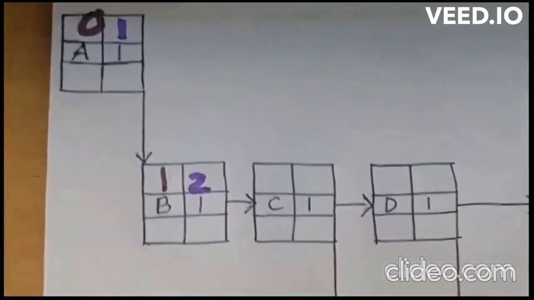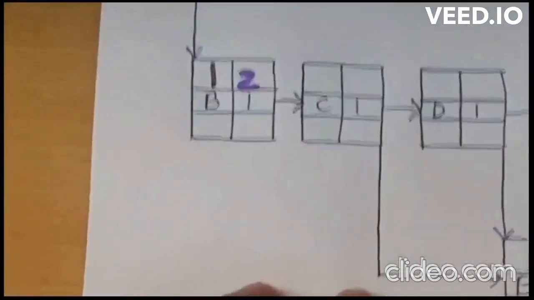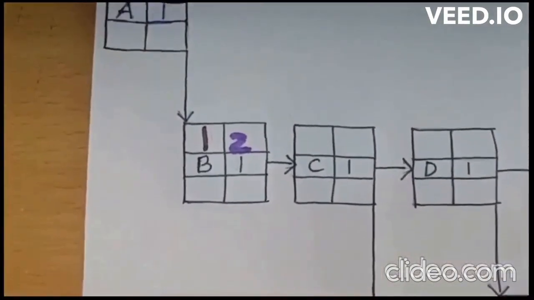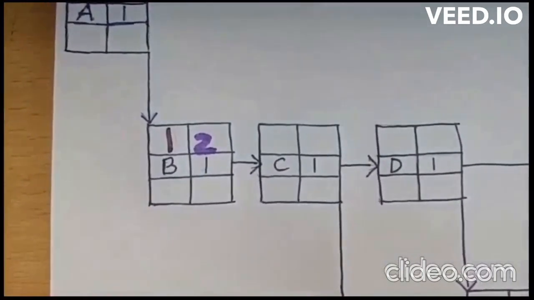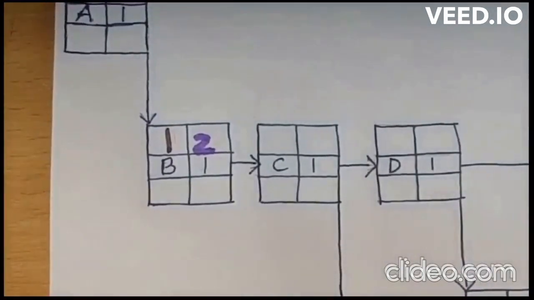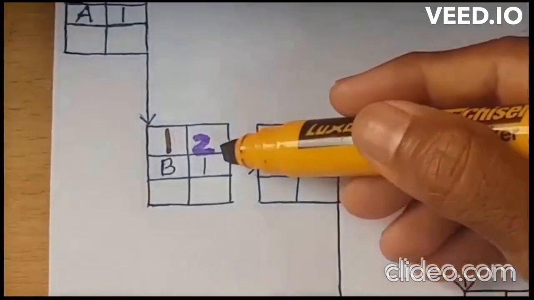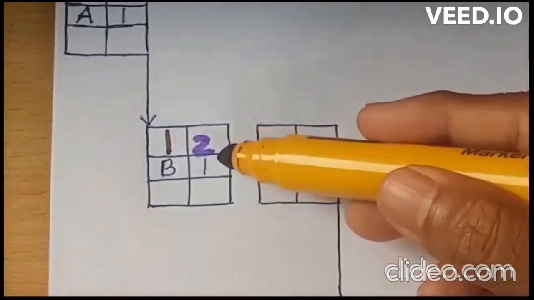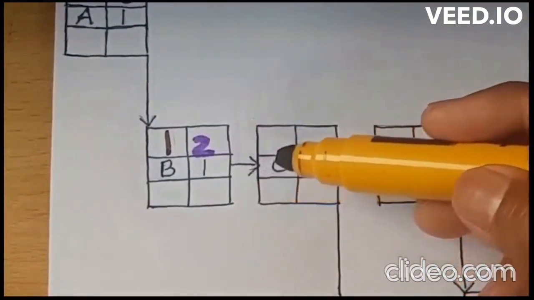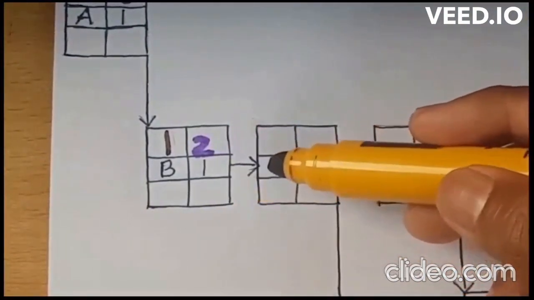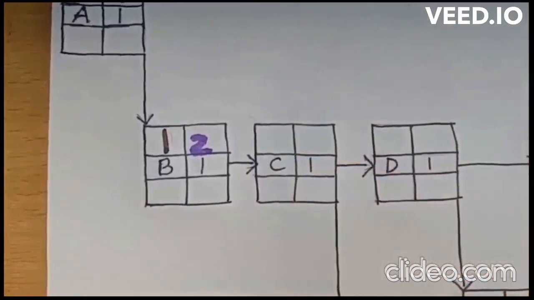For C, the earliest start time will be what? 2, because the earliest finish time of B is 2, and the relationship between C and B is finish to start. So the earliest start time of C will also be 2.